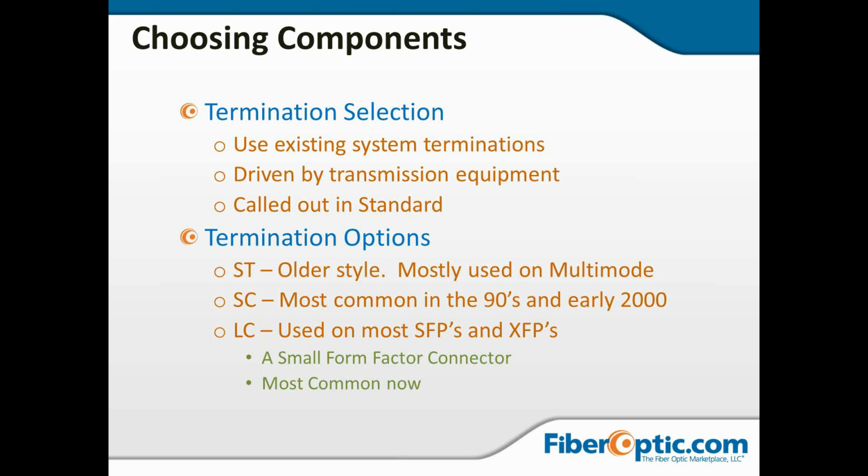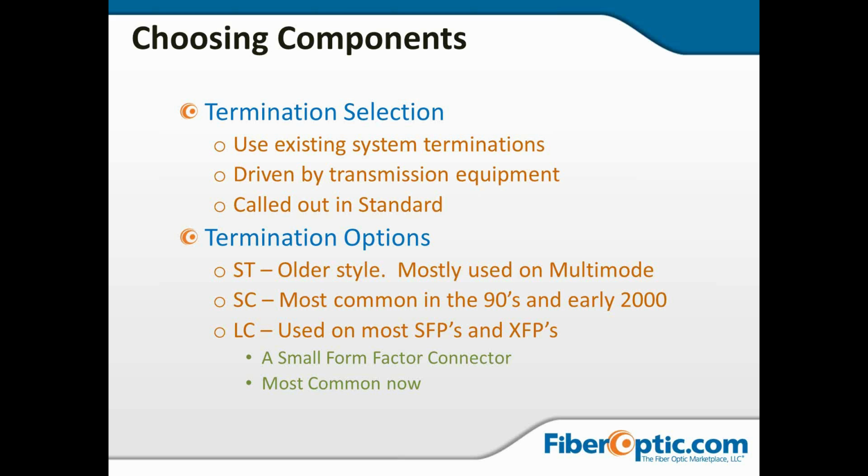Some of the termination options would be the ST, used mostly in multi-mode. It's one of the older styles. It's a bayonet plug, kind of stud it and twist. The most common in the 90s and early 2000s was the SC, or subscriber connector.